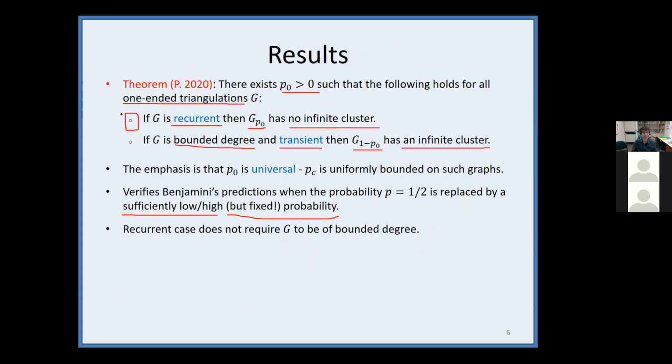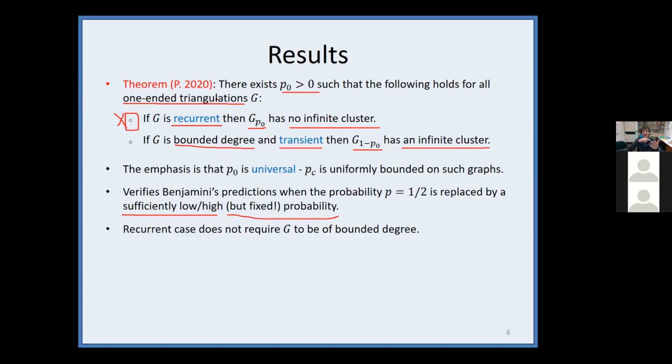The first clause probably doesn't need the one-ended and triangulation assumption. It still needs to be recurrent, but probably doesn't need to be one-ended or a triangulation. At least in the bounded degree case, I have some idea in progress for this that I haven't yet checked in full. The transient case does need it to be a triangulation.